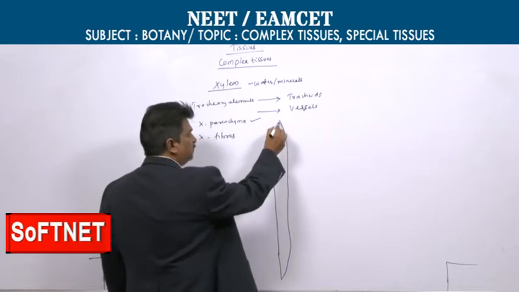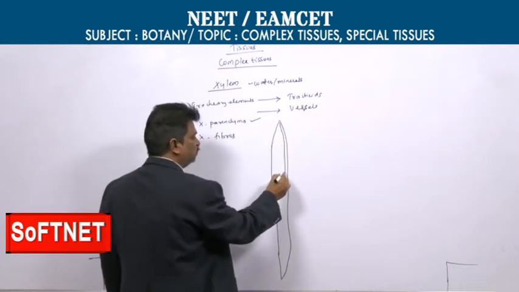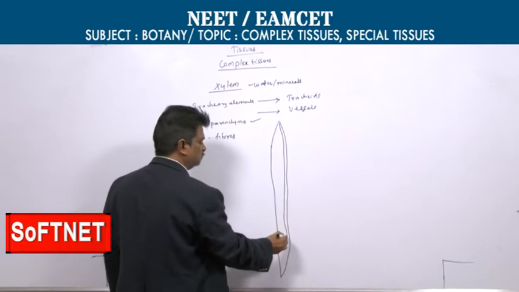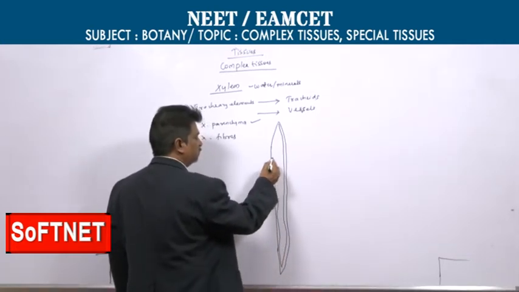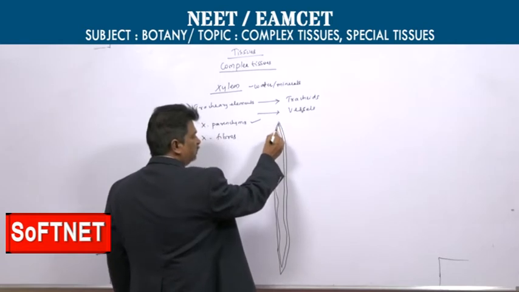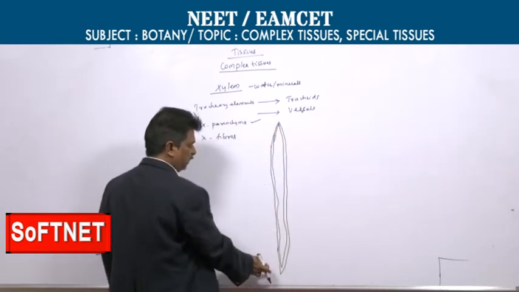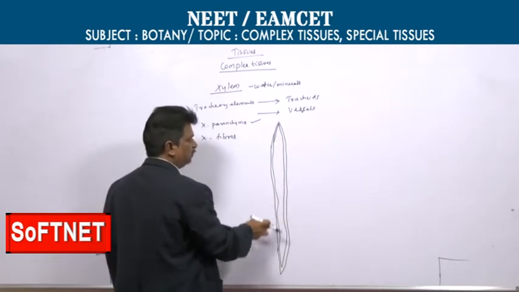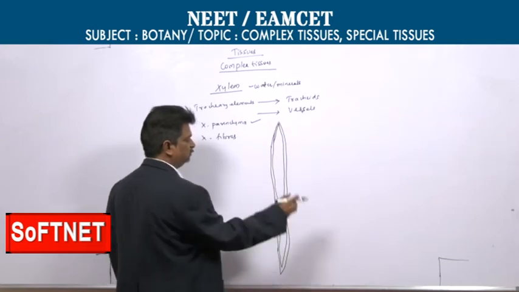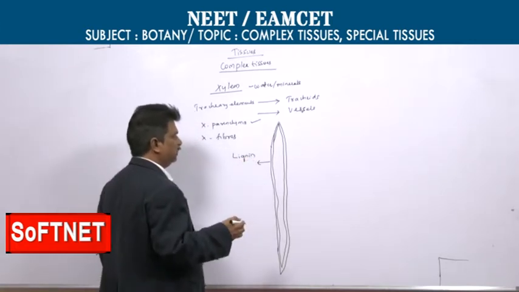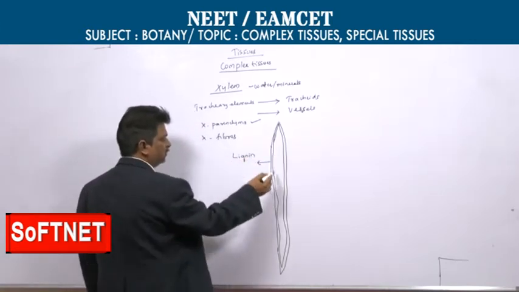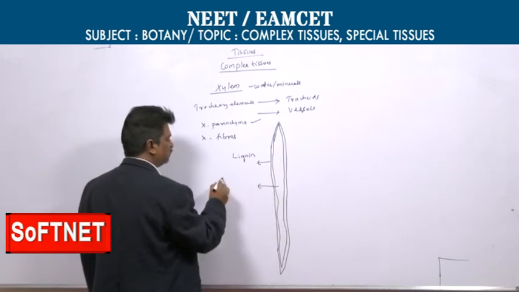A tracheid is an elongated tube-like cell. The middle part is wide, and the end walls are narrow or tapering. In a tracheid, the cell wall is made up of lignin, and a tracheid is a dead cell without protoplasm.